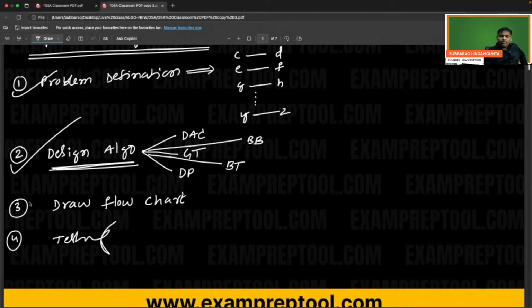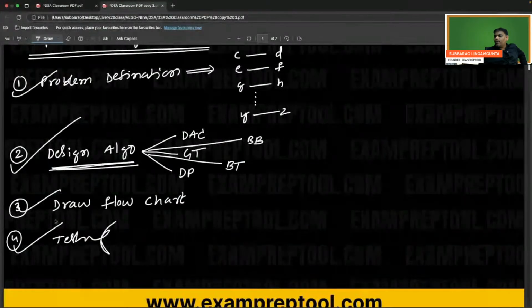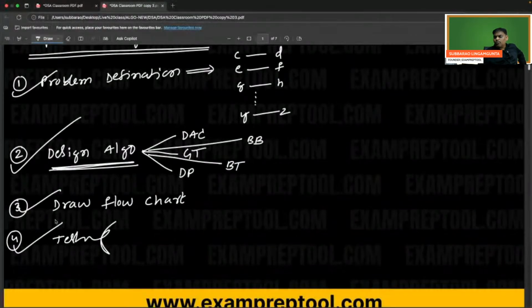After drawing the flowchart, by giving different inputs, please verify whether your logic is right or wrong. Second step means you got the algorithm; algorithm is normal English lines. Third step is you have a flowchart. After the flowchart is available, by applying different inputs, please do testing. This is the logic testing. You are testing whether your logic is really right or wrong.